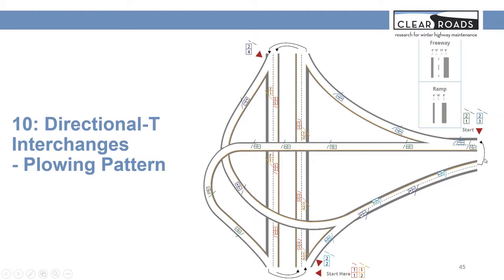And when it gets to the far end point, the truck will turn around, start pass number 3, and this pass will clear the on-ramp, so it stays to the right, both front and right wing plow push snow to the right, and the truck gets onto the on-ramp, and then merges onto the main road and makes a U-turn to start the last pass, pass number 4.